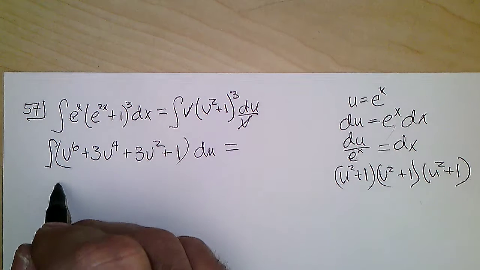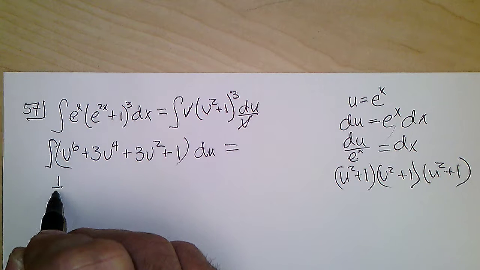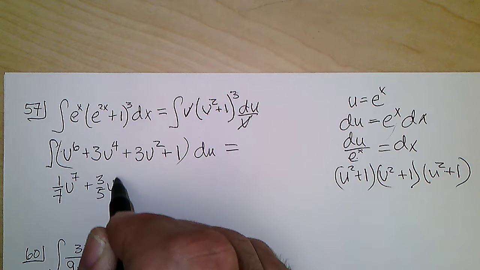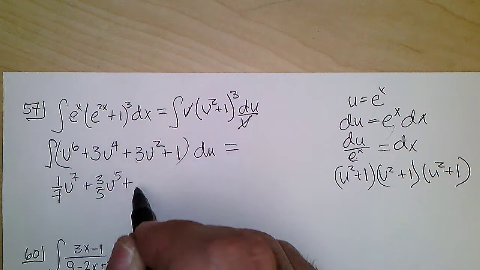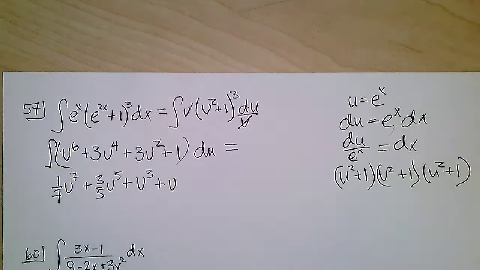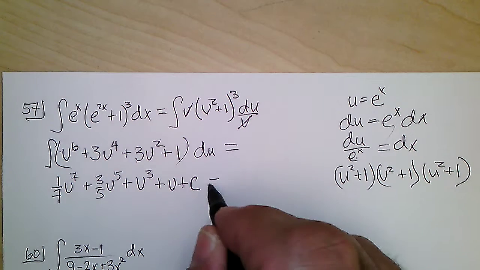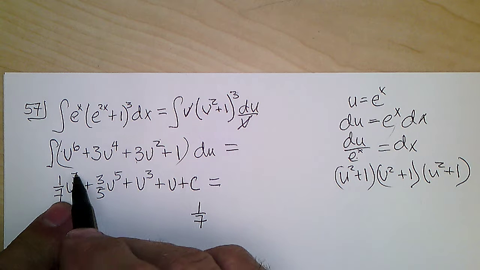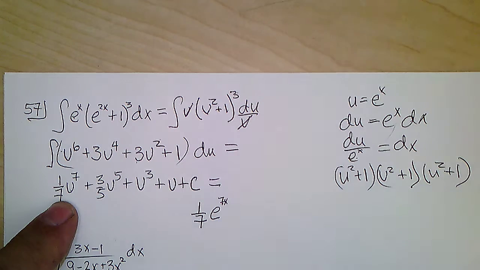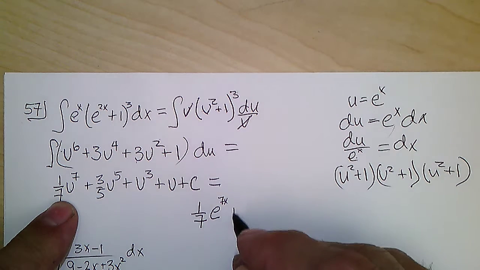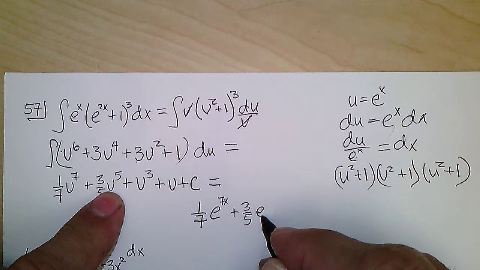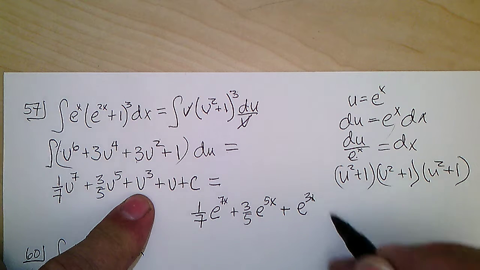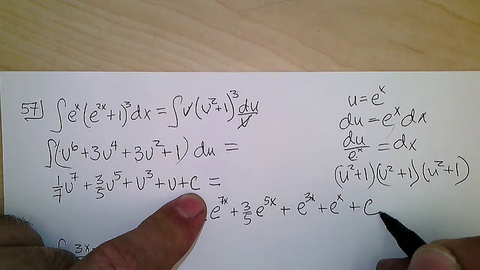So the integral of this would be, one more than that is 7, so it would be 1/7 u to the 7th plus 4 goes to 5, 3/5 u to the 5th plus u to the 3rd divided by 3, so it's u to the 3rd plus u plus c, which would be 1/7 e to the x to the 7th, which is e to the 7x, plus 3/5 e to the x to the 5th is the 5x, plus e to the 3x plus e to the x plus c.